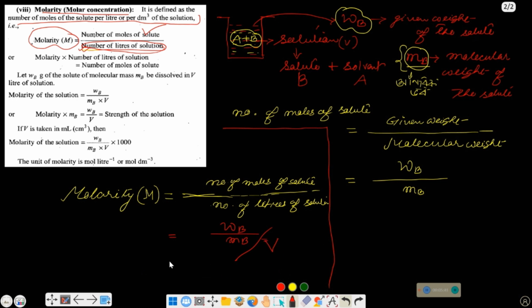You can also write it like this: M is equal to WB by MB into V, but V should be in liter. Suppose if V is in ml, then we need to write V into 1000, right?